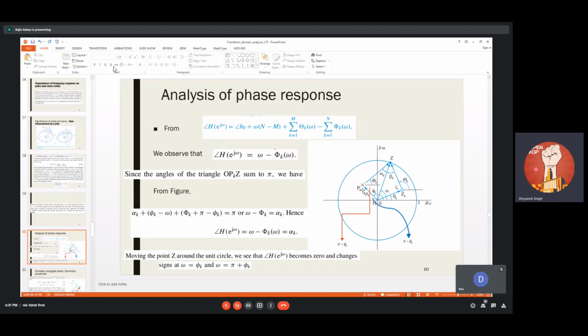When OZ lies on OPK, then the angle of H(e^jomega), or the phase response, becomes 0 and changes sign, and as you move on this side it will change sign at phi k and omega equal to pi plus phi k. So again, the same thing will repeat at omega equal to pi plus phi k. So on this side, pi plus phi k is this line.